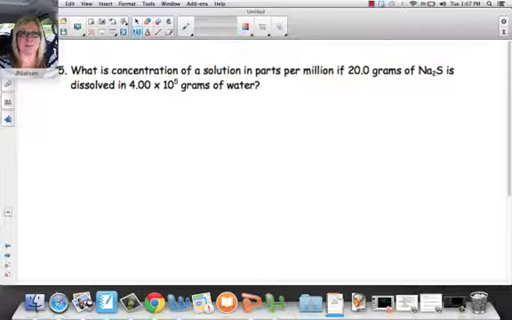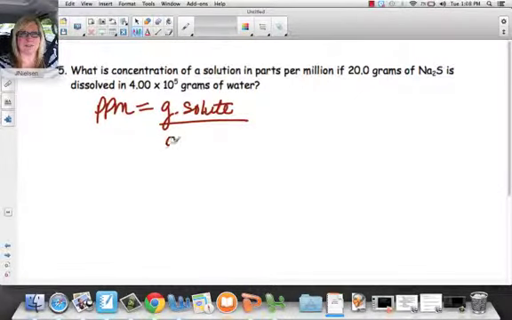What is the concentration of a solution in parts per million if 20 grams of Na2S is dissolved in 4 times 10 to the 5th grams of water? So parts per million equals grams of solute over grams of solution times 10 to the 6th.